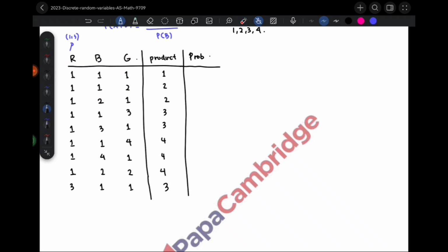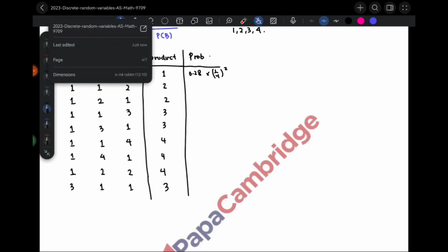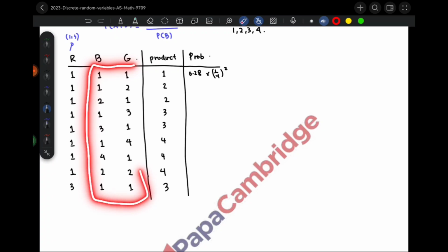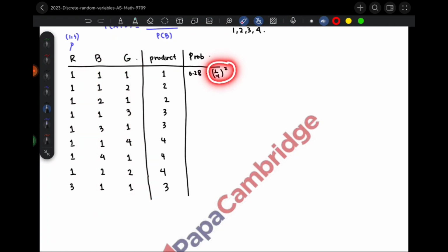So for 1, 1, 1, the probability is 0.28 for the red one times (1/4) squared, since for these numbers the probability is (1/4) squared.